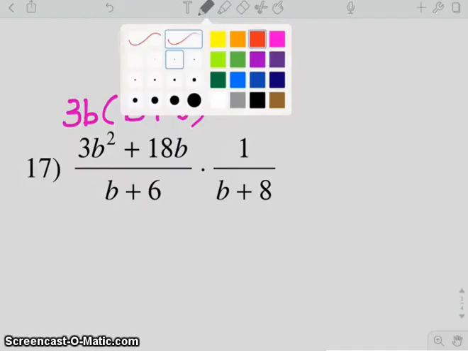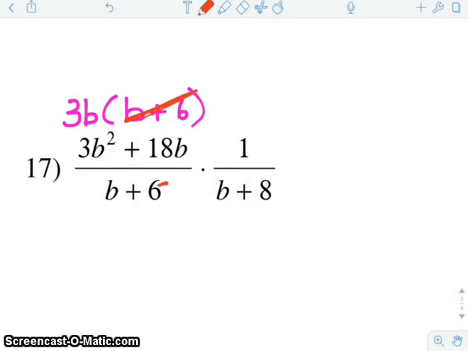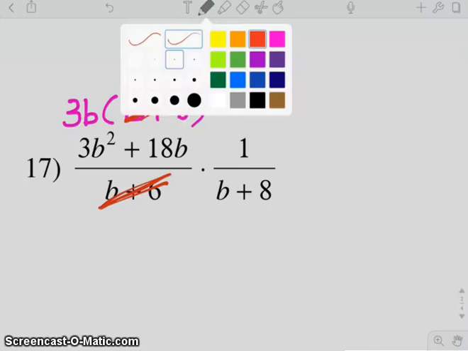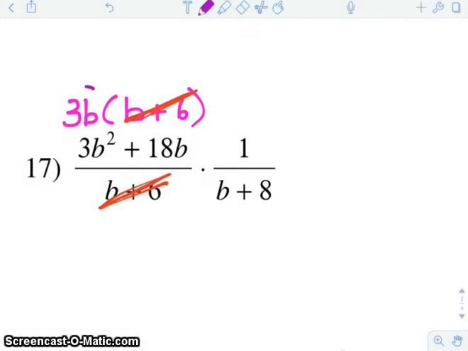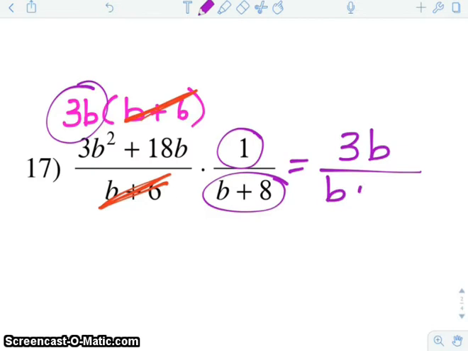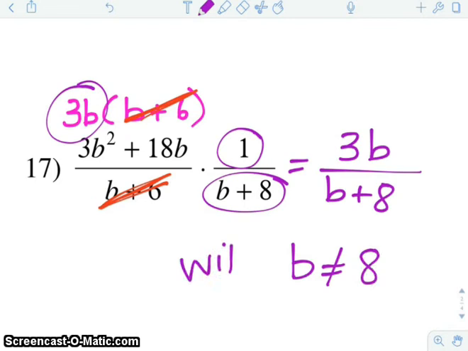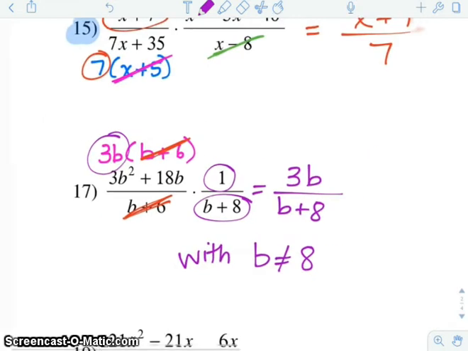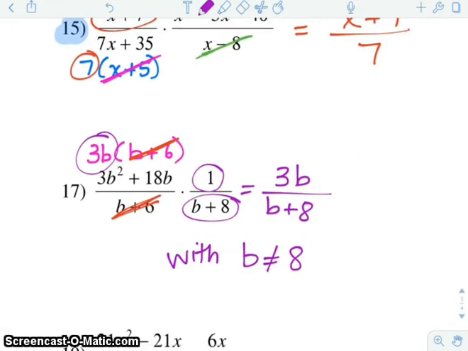And now I realize I have a b plus 6 in the top, a b plus 6 in the bottom, I can cancel, and I'm left with 3b times 1 on the top, so just 3b, and on the bottom I'm just left with b plus 8, so in this case b cannot be equal to -8. A negative 8 in the bottom would make my expression undefined.